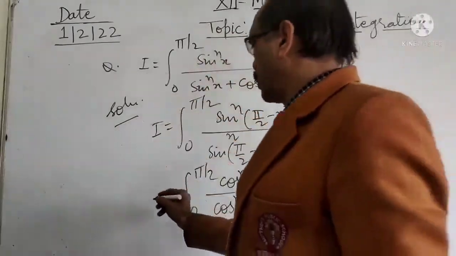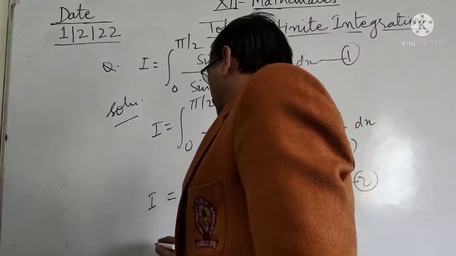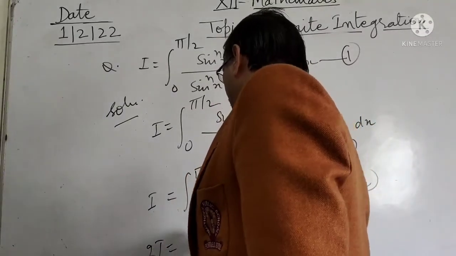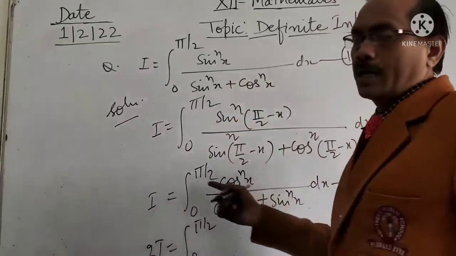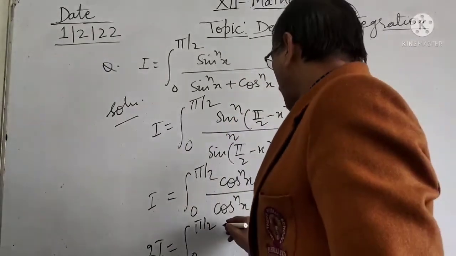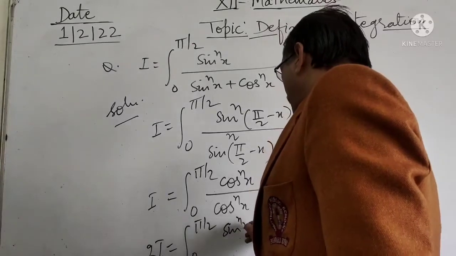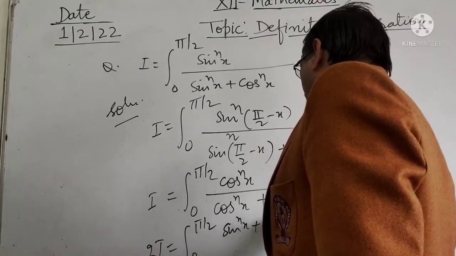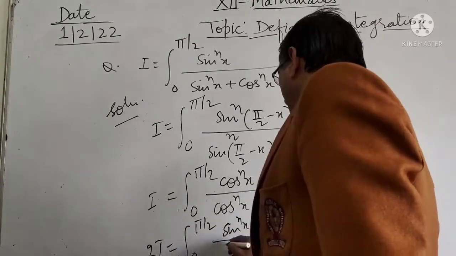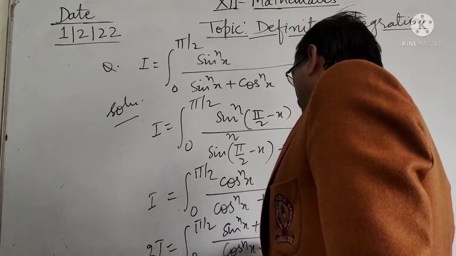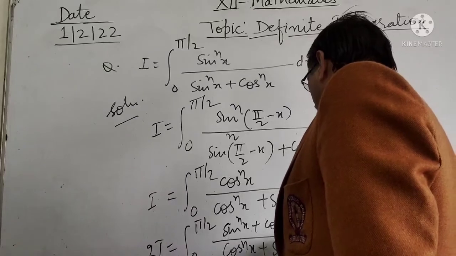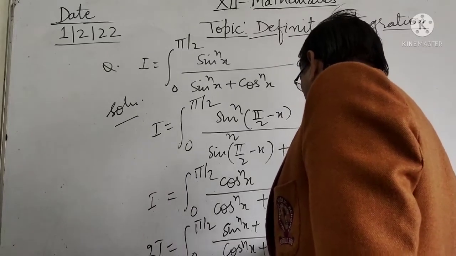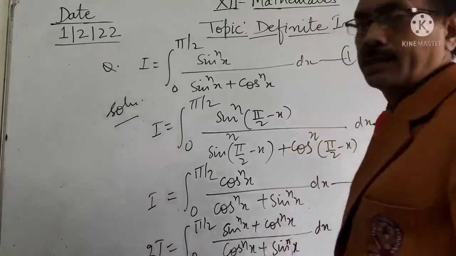Adding 1 and 2, we get 2I is 0 to pi by 2, and here numerator and denominator cancel out: sin power n x plus cos power n x upon cos power n x plus sin power n x dx.